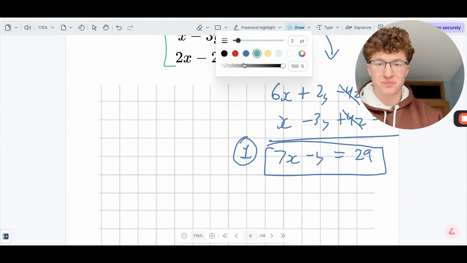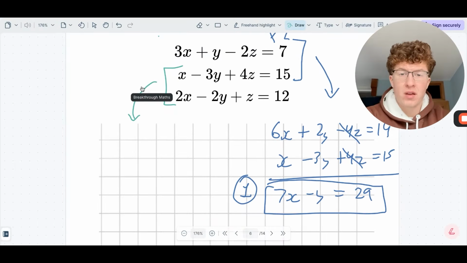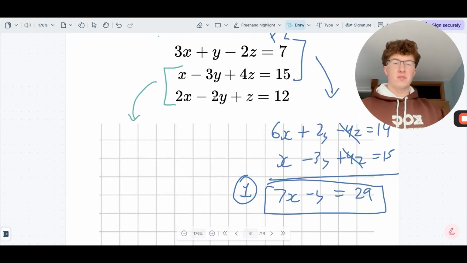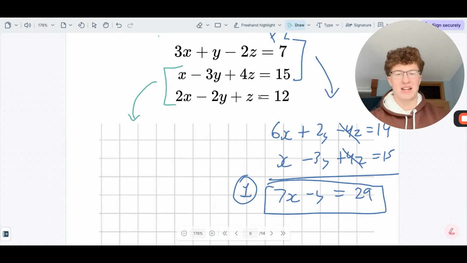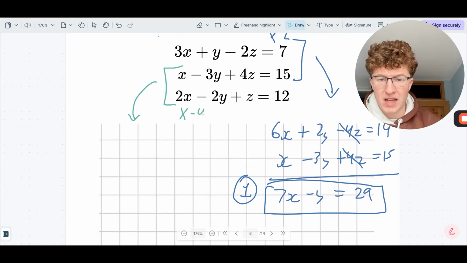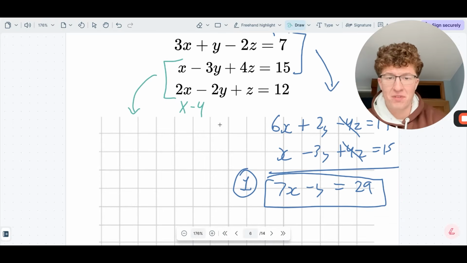Next system of equations, we're going to do down here. x minus 3y plus 4z is 15, and then 2x minus 2y plus z is equal to 12. Again, I want to cancel the z's, so I'm going to multiply this bottom equation by negative 4. Because then I'm going to get a negative 4z here, and when I add that to this equation on top, they're going to cancel.